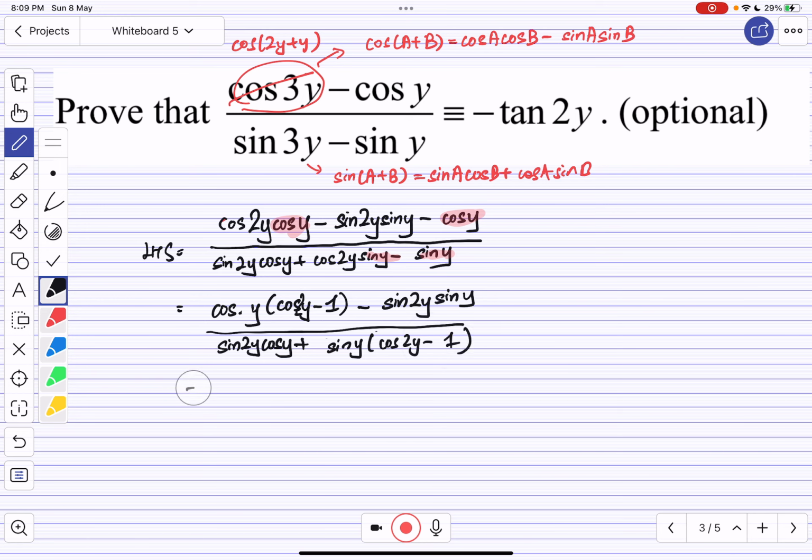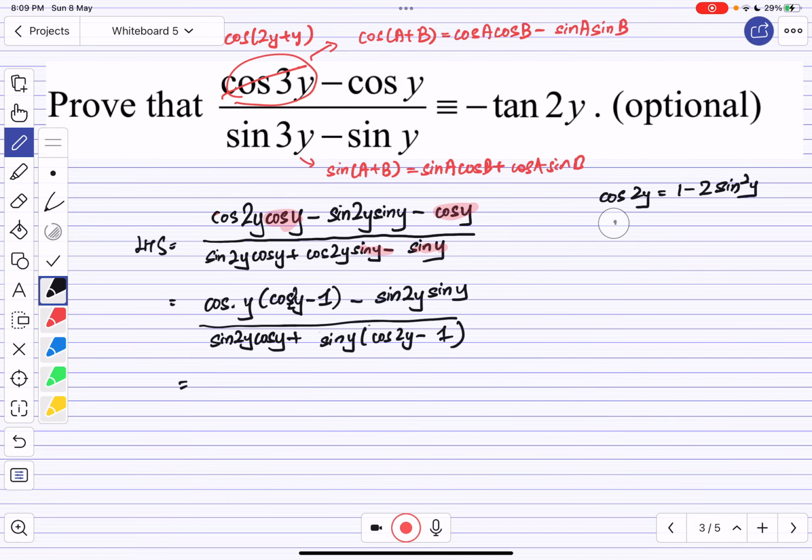So why am I so interested in having a cos 2y minus 1? Because if you remember the double angle formula, cos 2y is the same as 1 minus 2 sine square y. Then I can also say that cosine 2y minus 1 is the same as negative 2 sine square y.